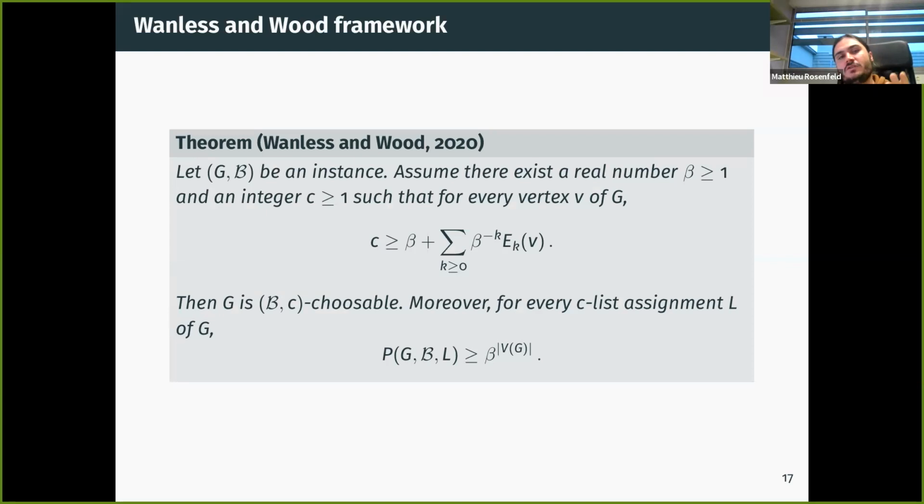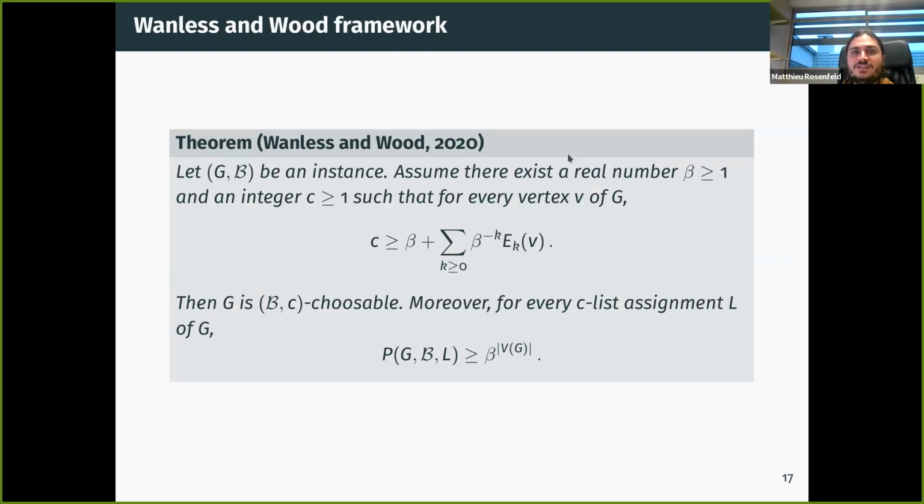Okay, so let me also mention this result from Van Lies and Wood. When I gave this result, I concluded the article by saying this technique is quite general and could be applied to many other problems. But I wasn't able to give a general statement, because it's not as convenient as the Lovász local lemma.